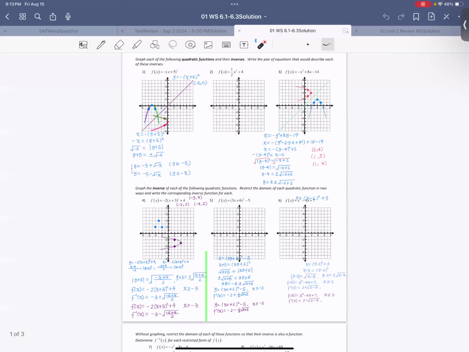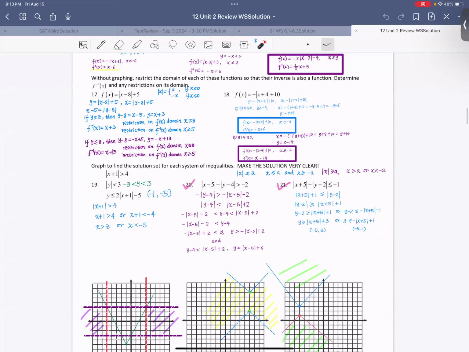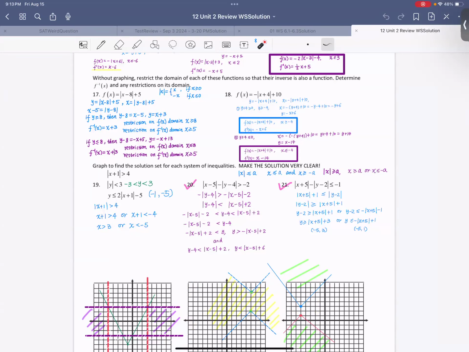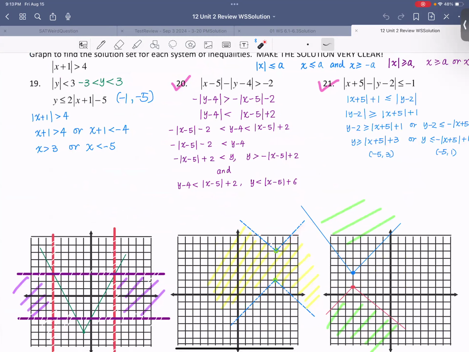Go back to this. When you graph this, there's no slope. Oh, hold on. What's your question? What's the slope here?